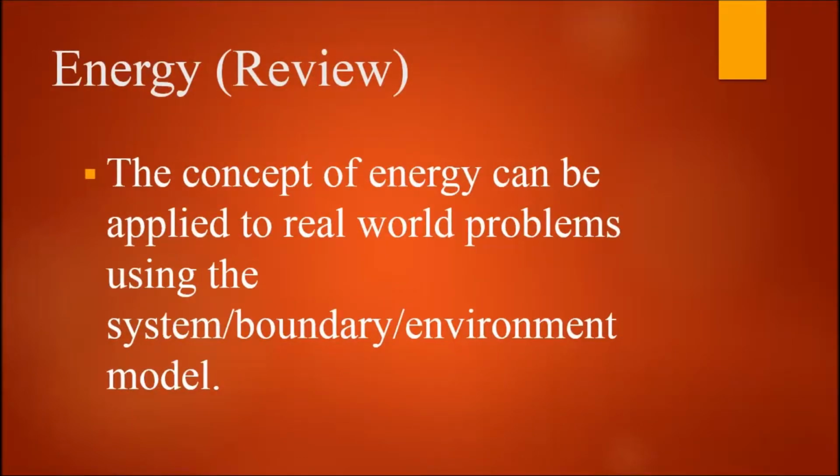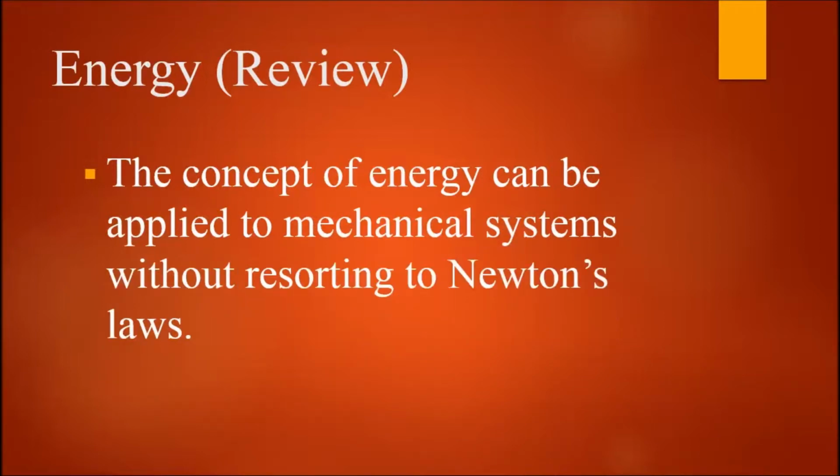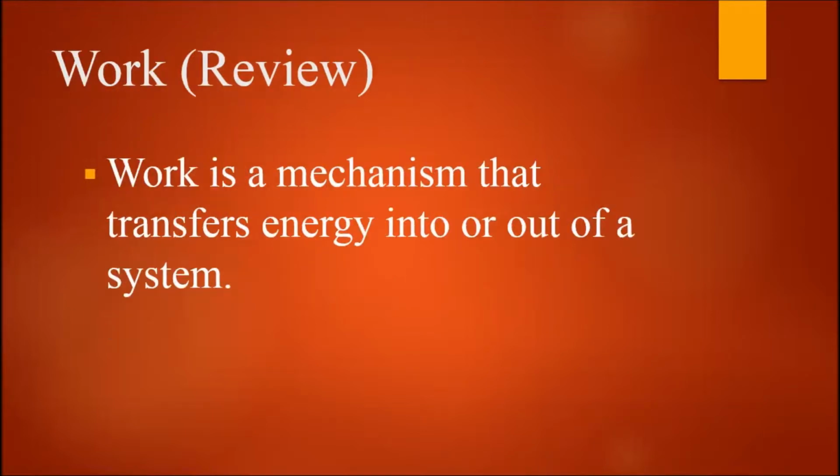Okay, so in this lecture we have begun to look at the concept of energy, and we have seen how it can be applied to real-world problems using the system boundary environment model. In particular, we have looked at how the energy model can be applied to mechanical systems, and we have seen that work is a mechanism that transfers energy into or out of a system.